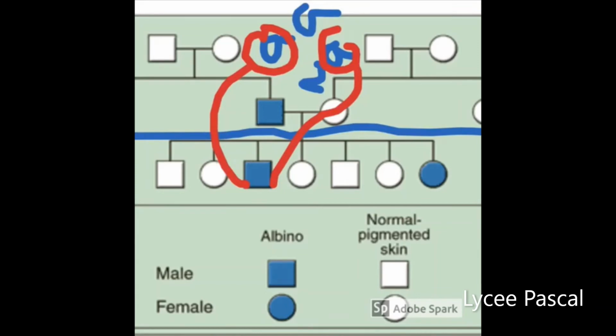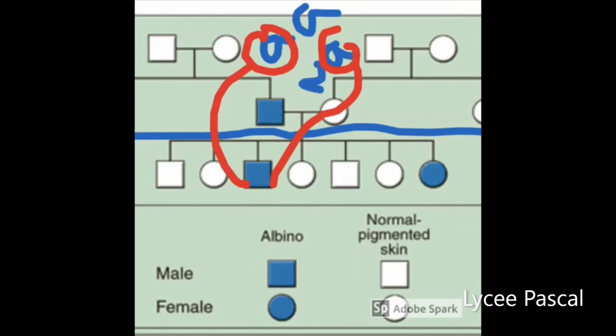So again, let's talk about child number 6. It is a disease with a recessive phenotype. A recessive allele is only expressed phenotypically when it is present in 2 copies, or homozygote. Therefore, the genotype of individual 6 is aa.